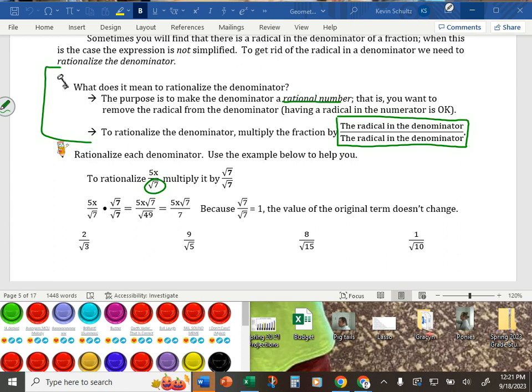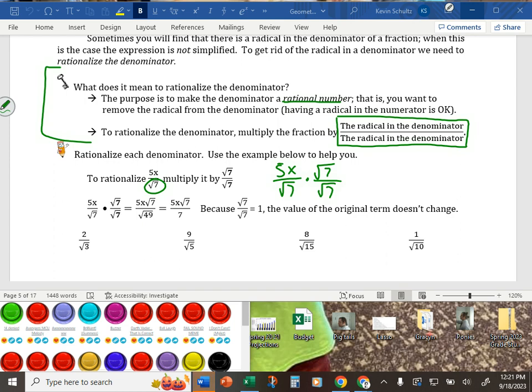The radical you want to remove over itself. The example is here. If we have 5x over the root of 7, as a final answer, we can't simplify that any further, as much as we've learned so far. We need to rationalize it, which means we're going to multiply by that root we want to remove over itself. Multiply by root 7 over root 7.